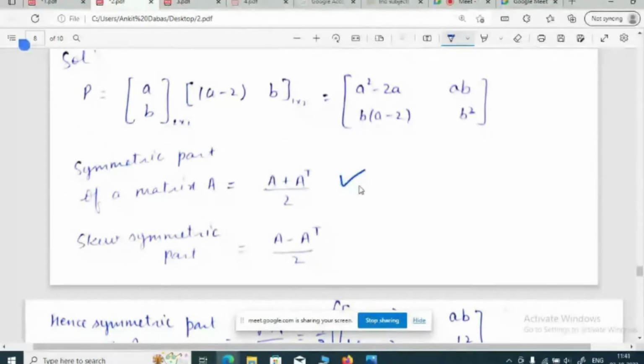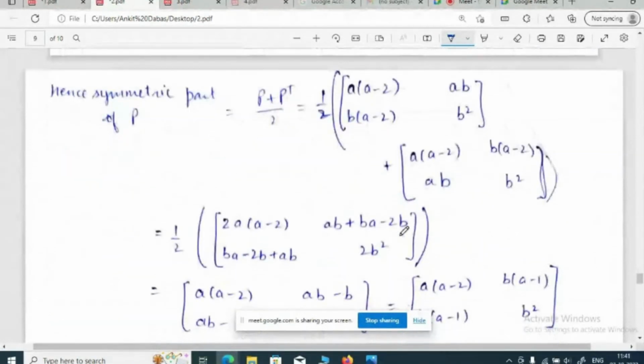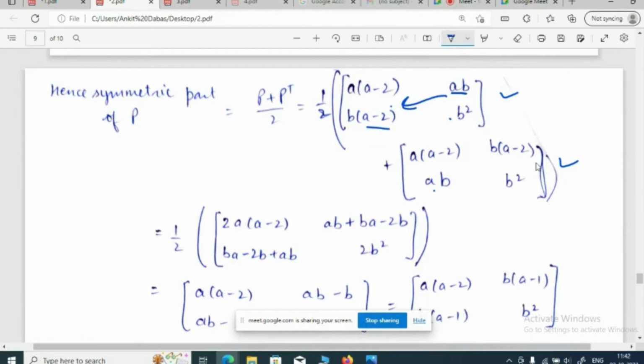If we were asked to compute the skew symmetric part, we would have used the formula with A minus A transpose. Now we will take the matrix P and take its transpose, that is, interchange the rows. Diagonal elements never change while taking the transpose of a matrix. So this AB will go at this place and B into A minus 2 will come here.